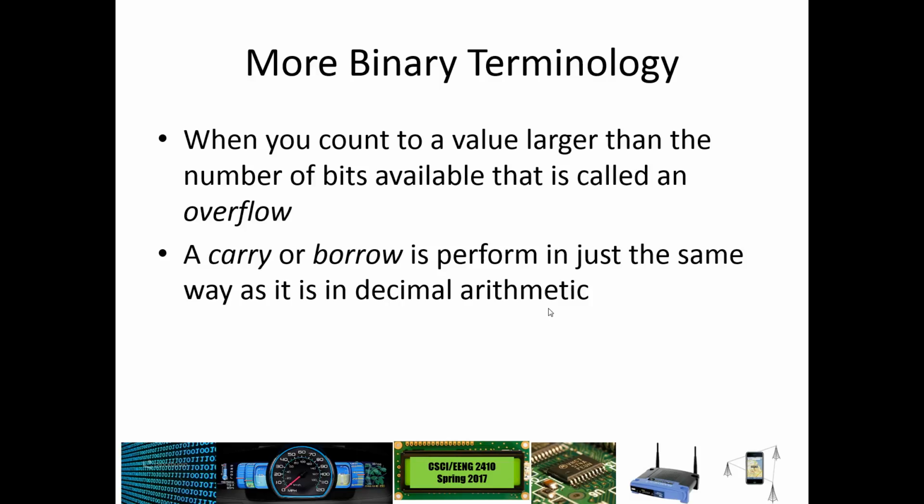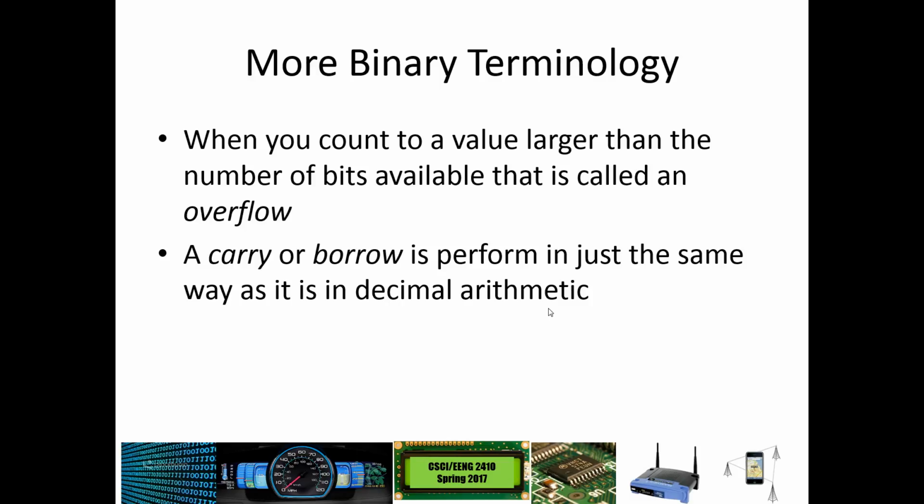So some other binary terms: when you have to carry, as you would in regular mathematics, that adds 1 to the next digit, and then you add 1 to the following digit. Well, when you end up needing to carry out from your most significant bit, and there is not another place to put that, that is called an overflow.